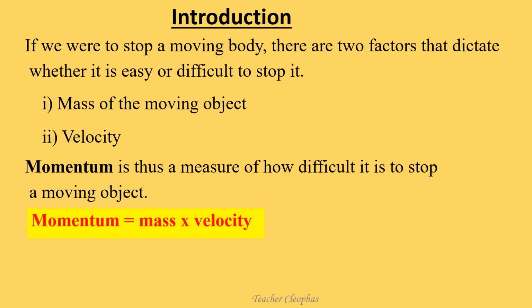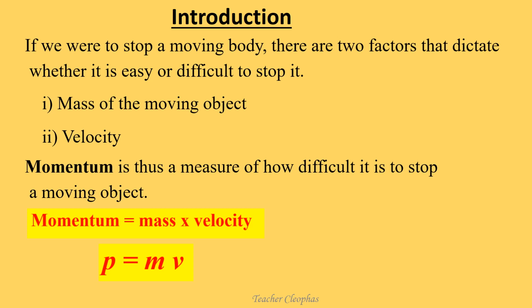This can also be written using the symbols, and that is P equals M times V, whereby P is the momentum, M is the mass, and V is the velocity. So, what is the SI unit of momentum?